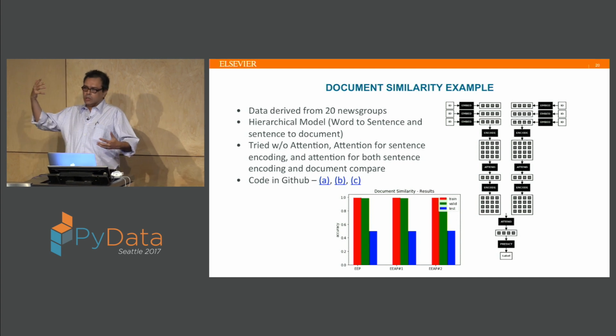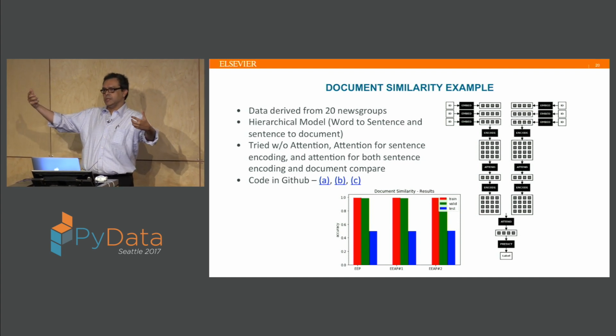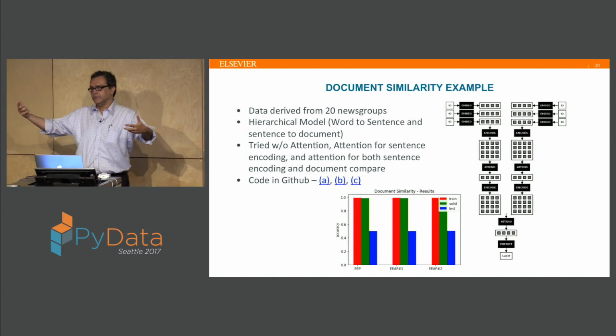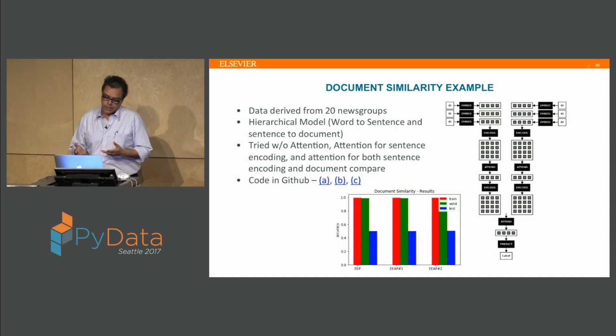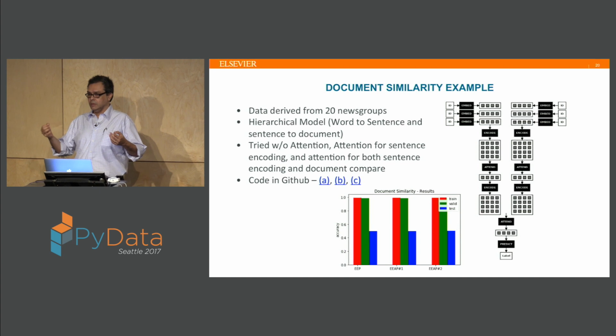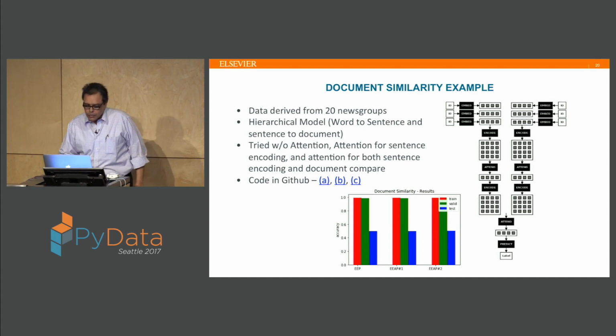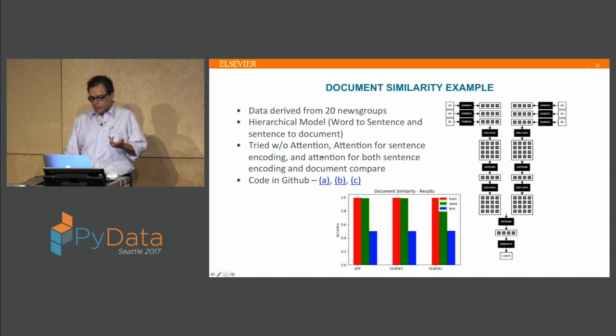Then I took the top 95 percentile and over as the positive, and the 0 to 5 percentile as the negative. Unfortunately, the data was not really good. There's only a 0.02 difference in cosine similarity between the best and the worst. So I tried without attention and with attention.